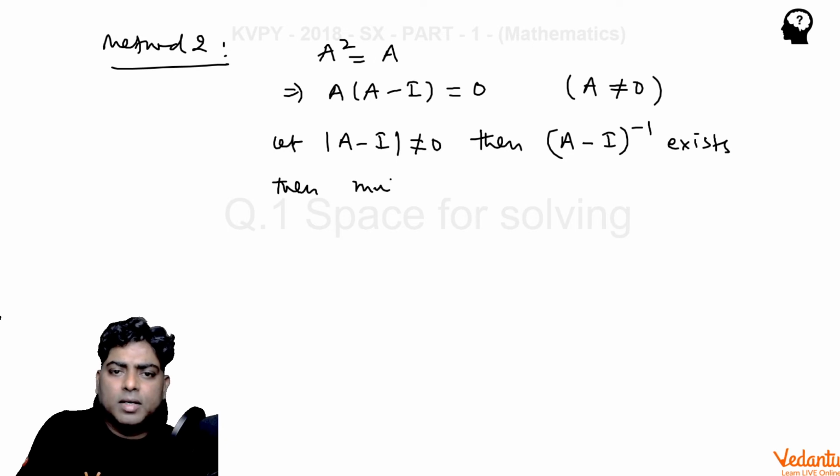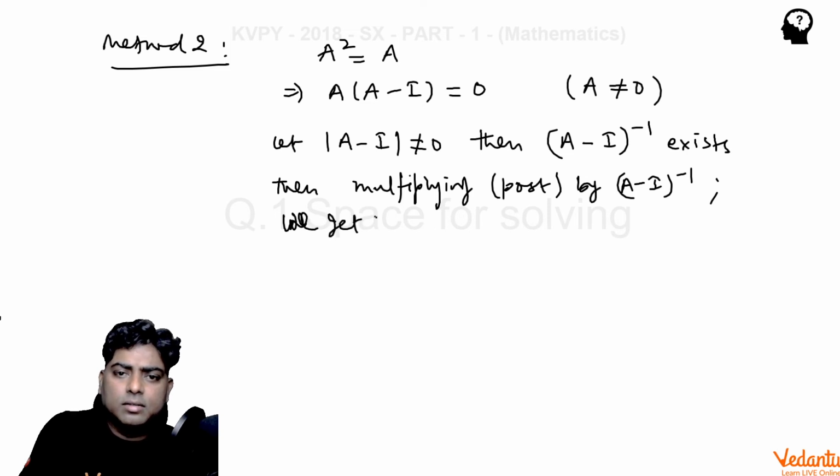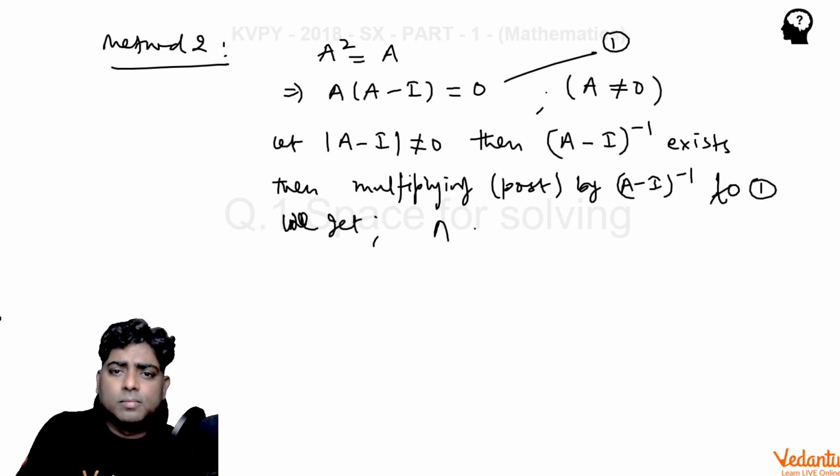Post multiplying both sides of equation 1 by A minus I whole inverse, we get A as O. It is impossible.